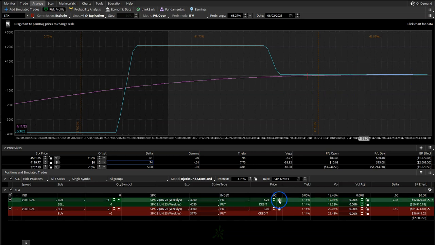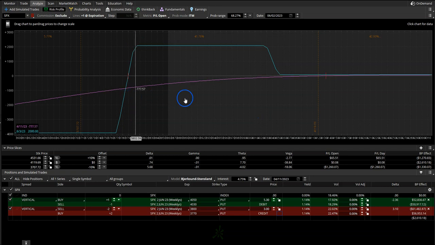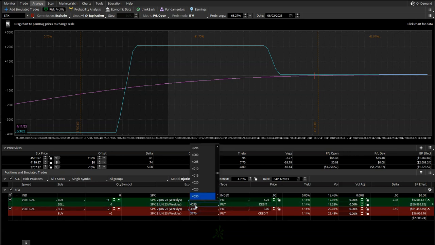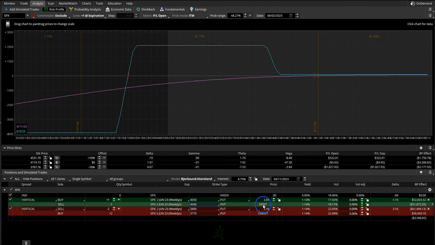Number one, you can place your put credit spread closer to at the money, and this will increase your overall credit up front. You can also make your put debit spread narrower. So 40-50, 40-30, what if we go up 10 points? Right, so from 40-30, we go up to 40-40. All right, smaller debit makes it a larger credit.